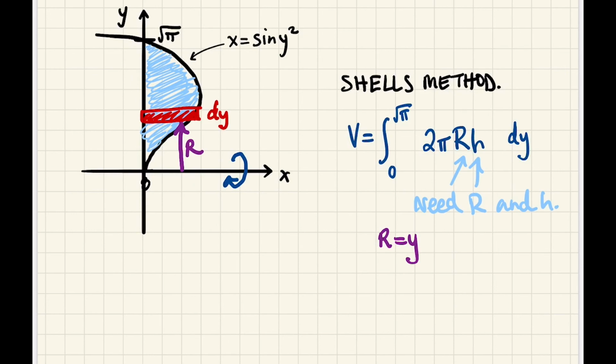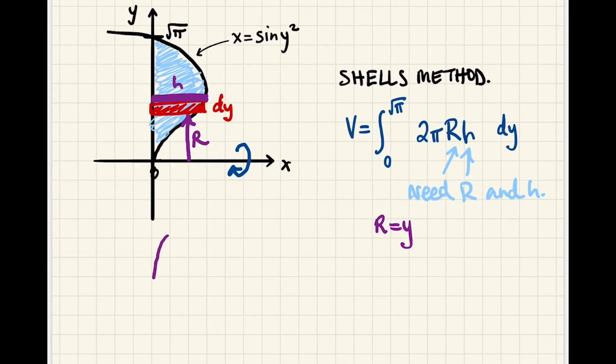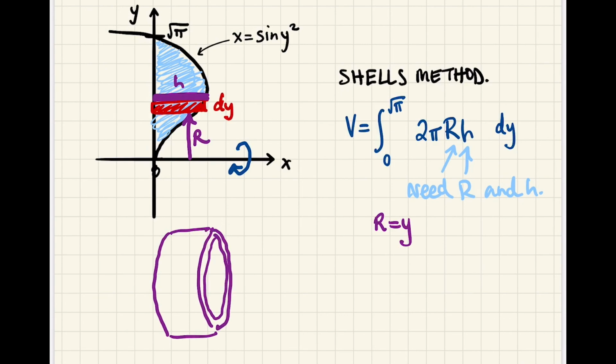Well, what is our h? That's the height of the shell, which in this case would be the height, or the width, if you wish, of this rectangle. Remember, this is forming a shell. So there's our h dimension, and the radius is just the radius of the shell.